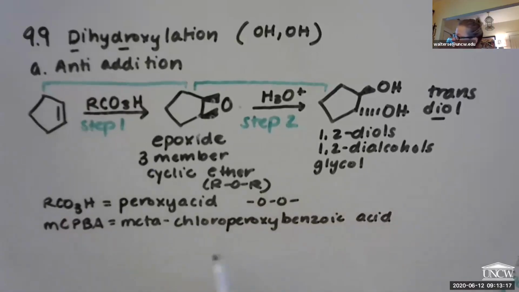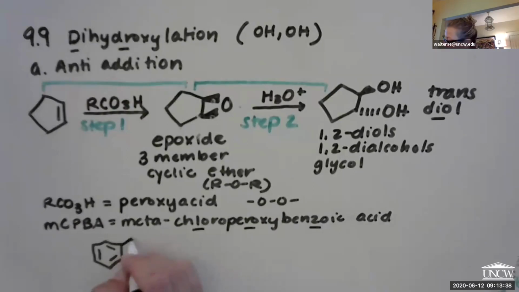So if you look at what you have here, you have to have a chlorine, you have to have a peroxide, and you have to have a peroxide type benzoic acid. So the benzene part of this is a 6-membered ring. Then the peroxy acid part looks like this.